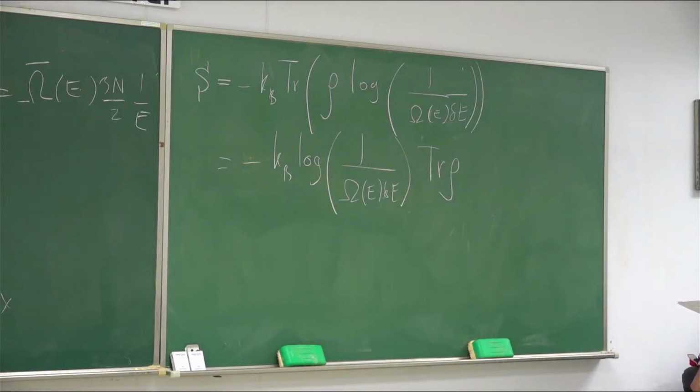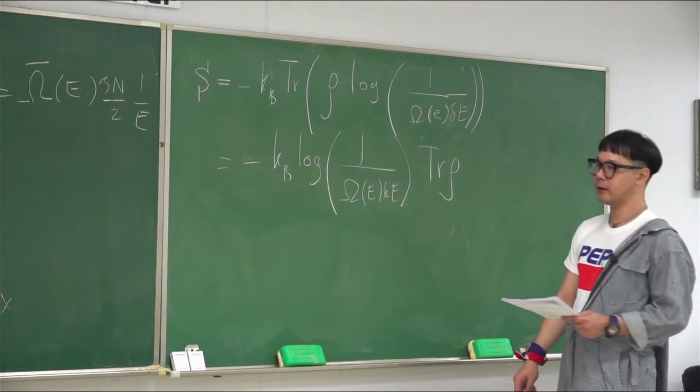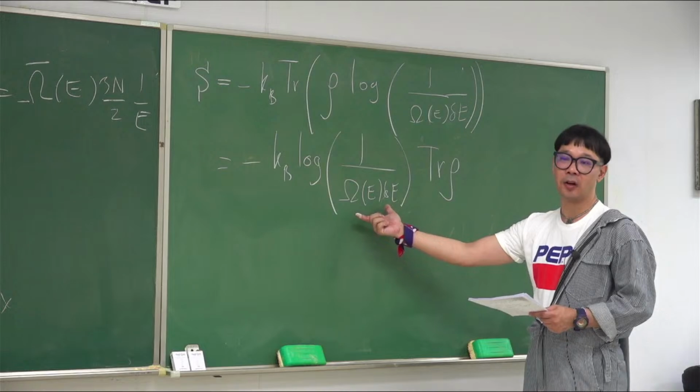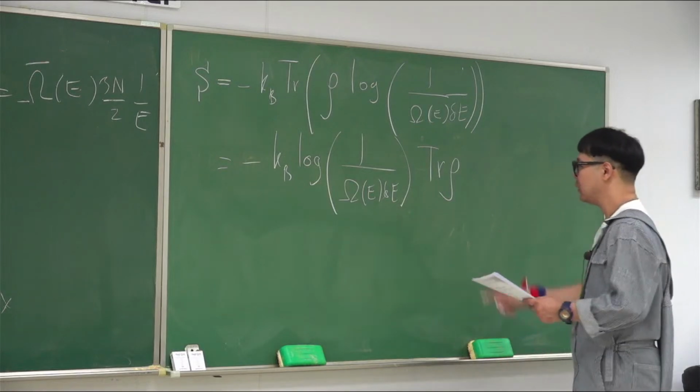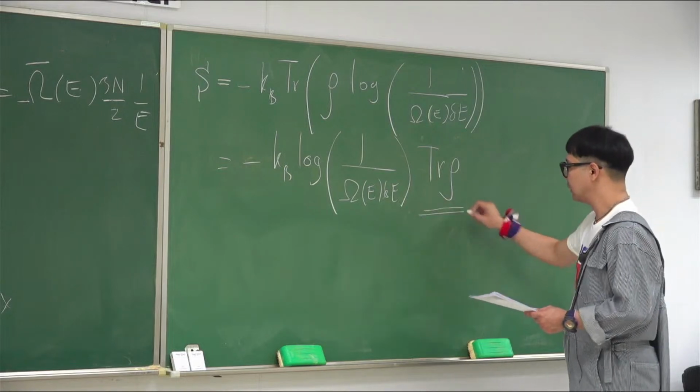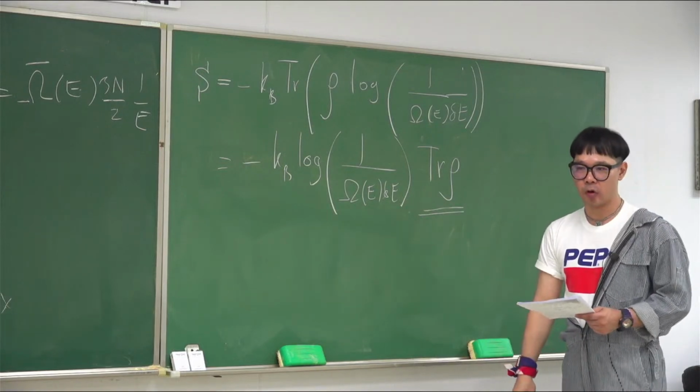Are you okay with this? The reason why I can take this whole term out is because it's just constant now, right? Okay, so what you need to do is compute this term, trace of the rho.